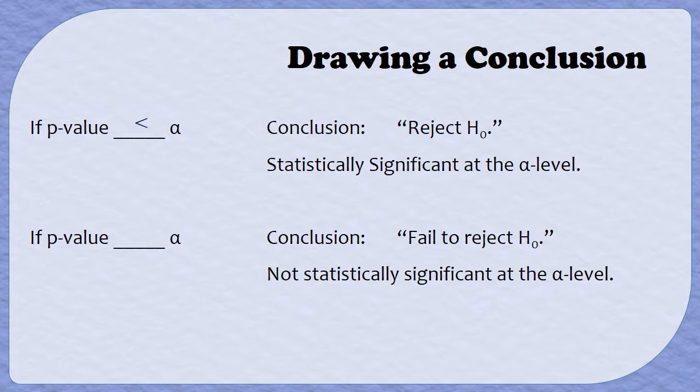It's less than a 1% chance or less than a 5% chance. In this case, we will conclude to reject the null hypothesis because the results are statistically significant at our alpha level. If the p-value is greater than or equal to alpha, then we will fail to reject the null hypothesis because the results are not statistically significant at the alpha level.